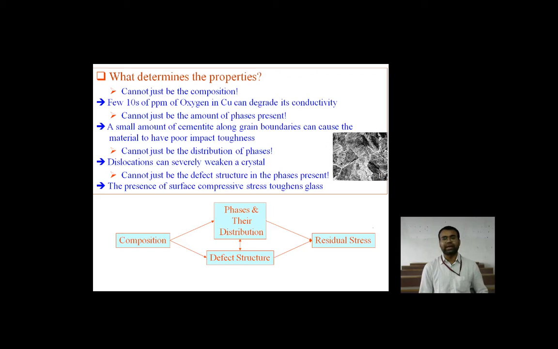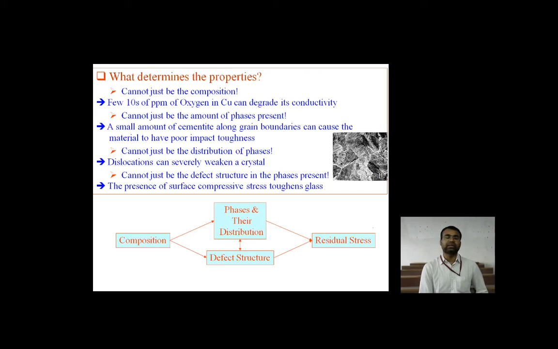Next question: it cannot be just the amount of phase present, that is, how many phases are present. A small amount of cementite along the grain boundary can cause the material to have poor impact toughness. So it cannot be just the distribution of the phases.